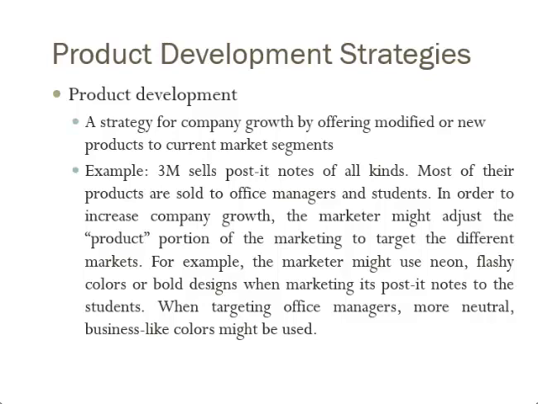Things like neon, flashy colors, bold designs when marketing to students, whereas for office managers, more neutral business-like colors could be used, like the regular yellow Post-it notes that you probably have in your desk somewhere. In fact, 3M, which used to be all about specifically office supplies, has branched out dramatically. I have their website over here to show you what they've done.